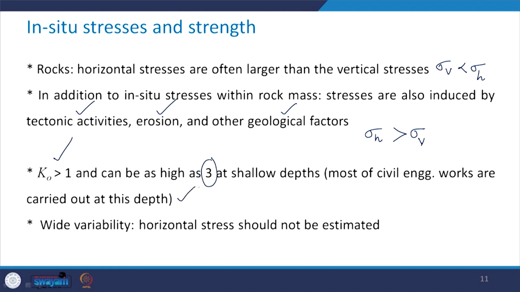So, within all the practical range of depths, K naught can take a value as high as 3. Because of this wide variability, horizontal stress should not be estimated in case of the rocks.